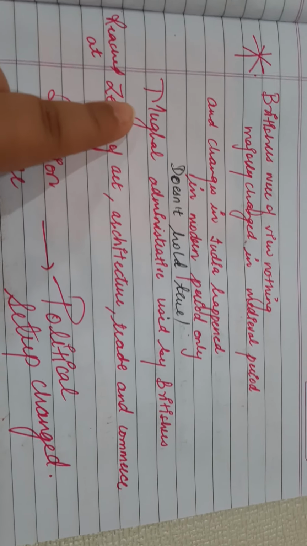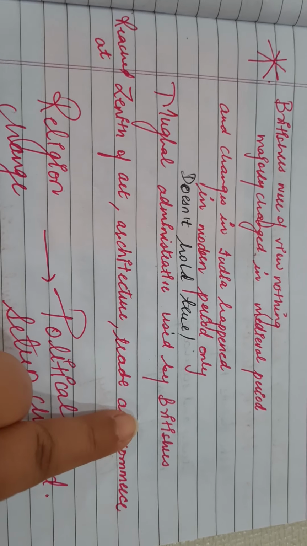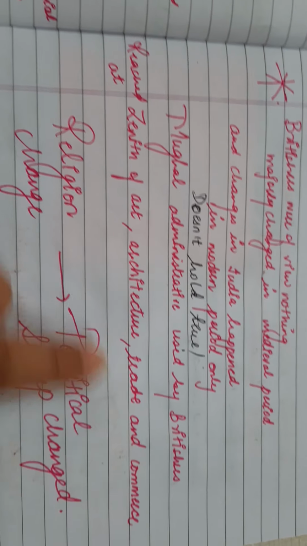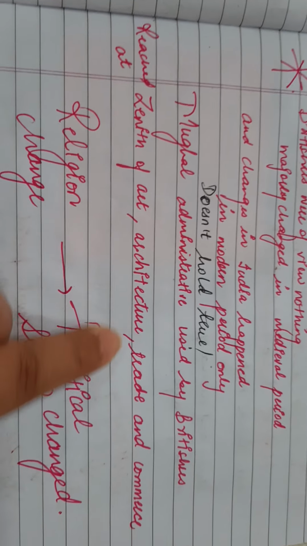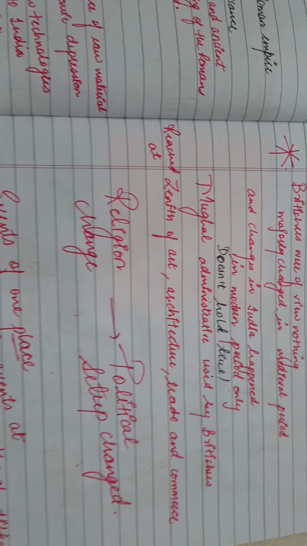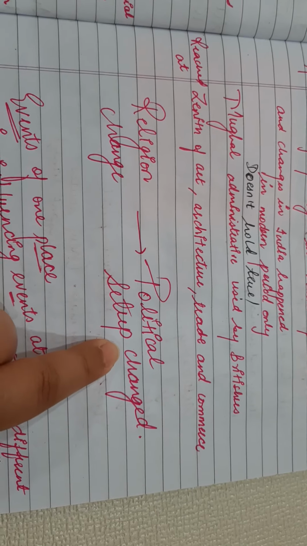That is, Mughal administrative setup was basically used by the Britishers once they colonized India. India also reached the zenith of art and architecture, trade and commerce during the medieval period. Now, when the religion changed, the political setup also changed.